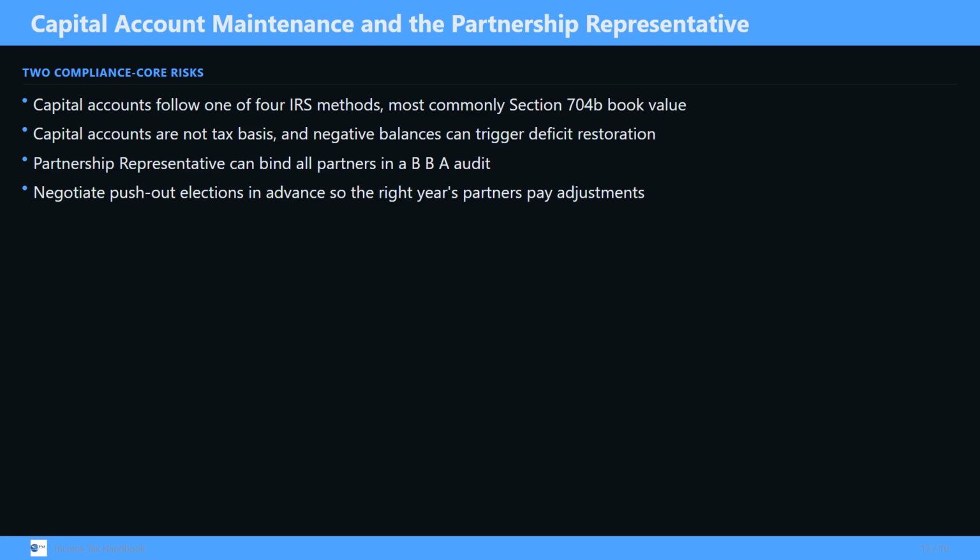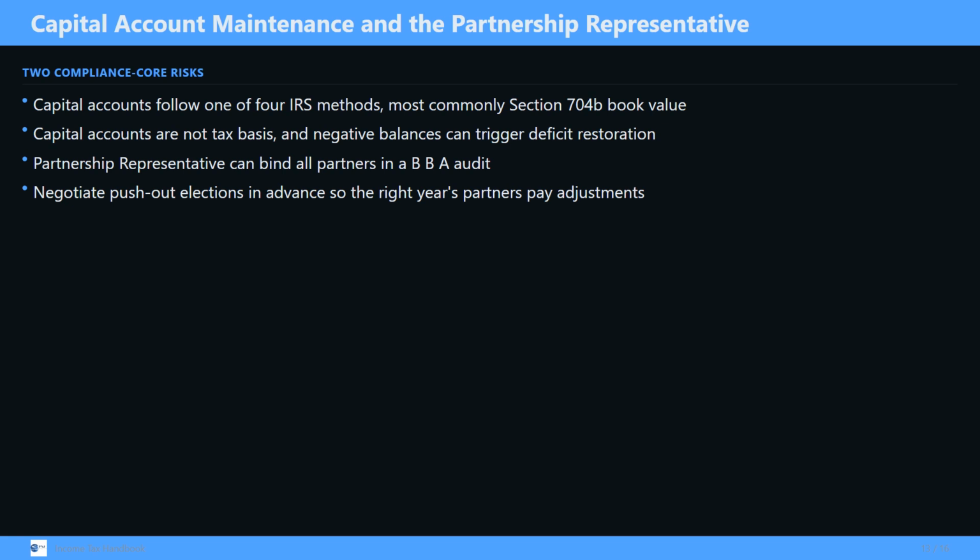Two more pitfalls sit right at the compliance core. The IRS requires capital accounts to be maintained under one of four methods, most commonly the Section 704(b) book value method, and capital accounts are not the same thing as tax basis. Negative capital accounts can trigger deficit restoration obligations on liquidation, so Schedule M-2 has to accurately reflect every contribution, allocation, and distribution.